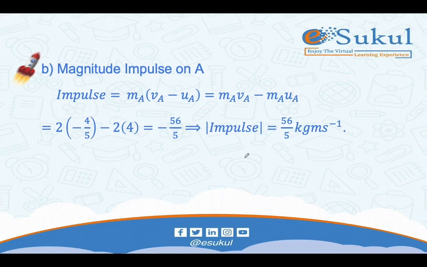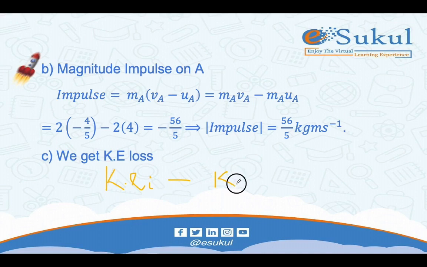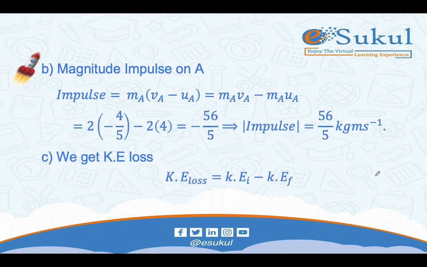In C, we are to get the loss in kinetic energy due to the impact. We remind ourselves that the loss in KE is just the KE initial minus the KE final. As you can see on the derived formula, in that case we need to get the initial KE and the final KE.